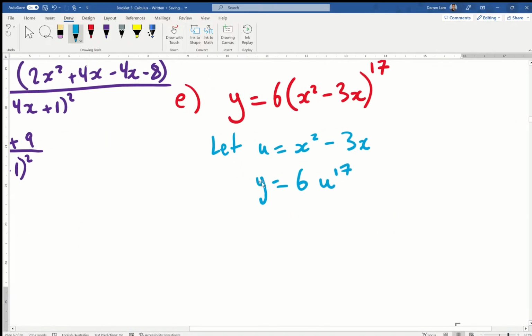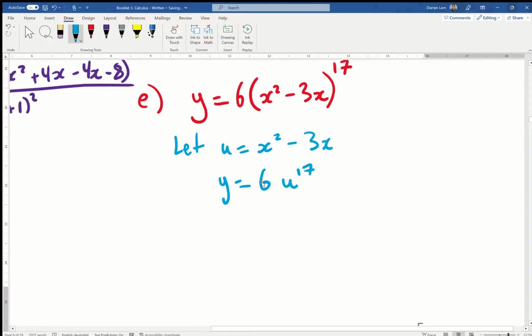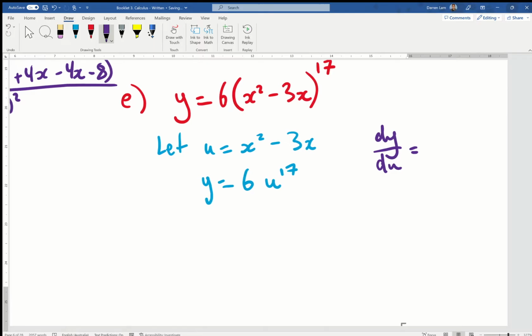What I'd like to do now is just off to the side, let's just find dy du. I feel like that's super easy, right? So let's go dy du, because I know that's going to be part of my equation later. So I'm deriving the equation of y in terms of u. So 6 times u to the power 17 then becomes 6 times 17, which off the top of my head is 102.